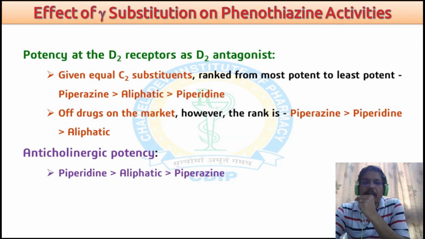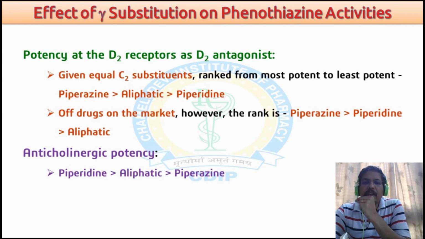Then if you look at the potency of the different phenothiazine derivatives, what is the effect of this gamma terminal substitution?